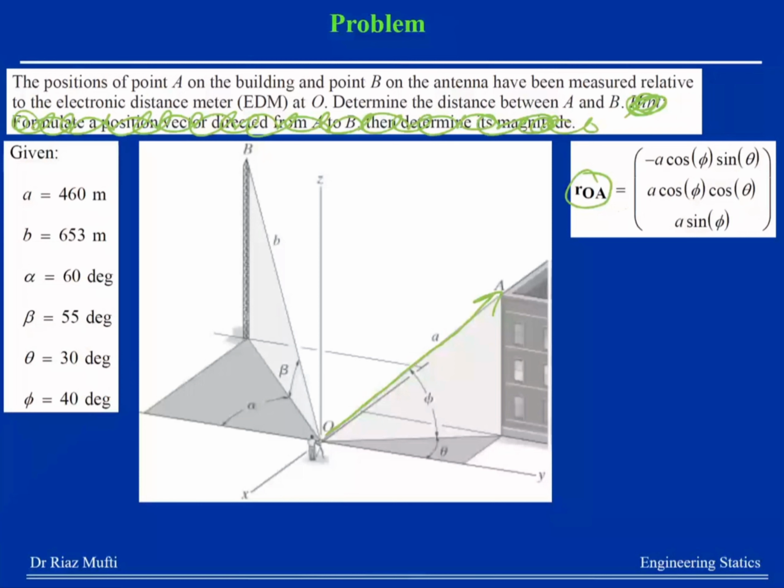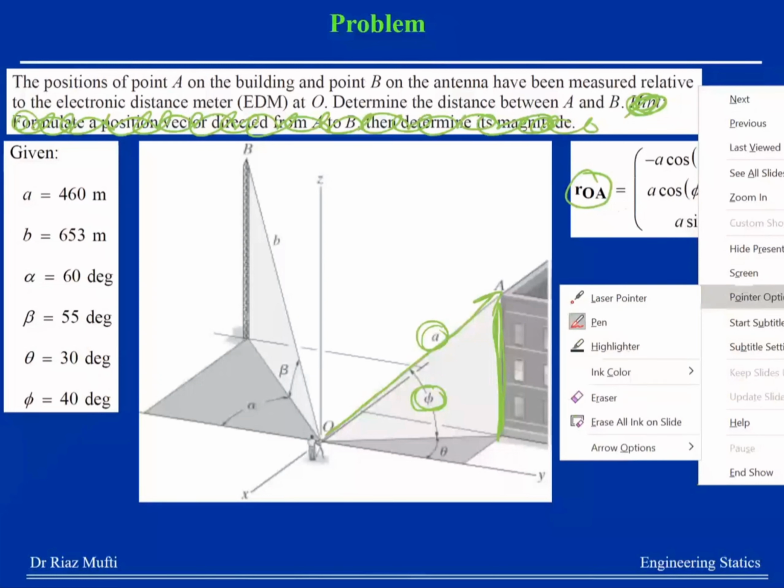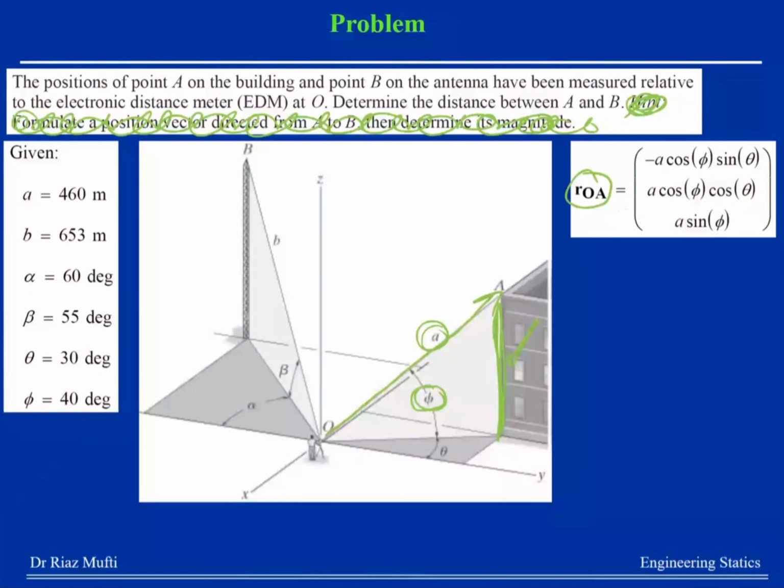But ROA, so I can get my Z component, which is already given because I know my A and I know this angle here. So I can get this component out. Am I right? Yes, sir.